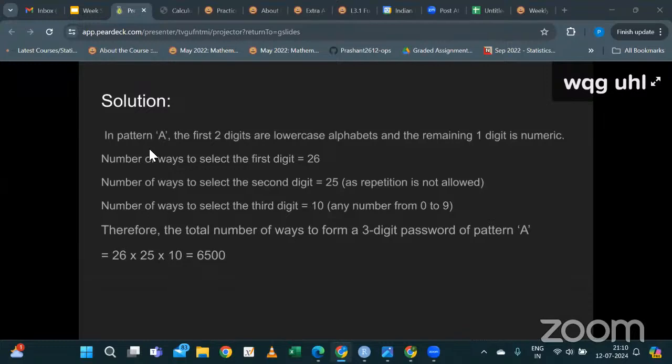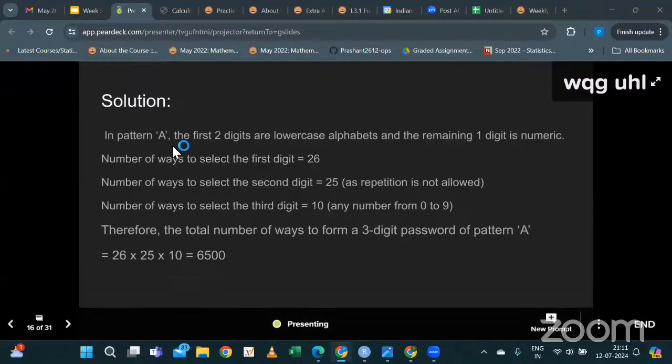Suppose there are four chairs and five people, you can't repeat a person on two chairs. So in that scenario, it's like without replacement. In the case of a password, we have to use replacement. It depends on the situation, on the scenario. Okay.